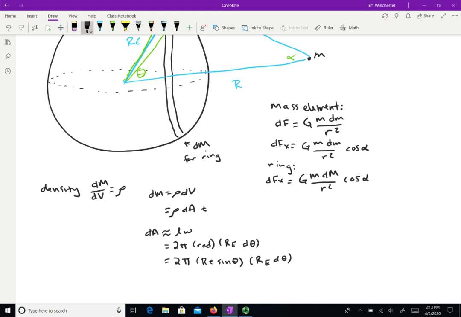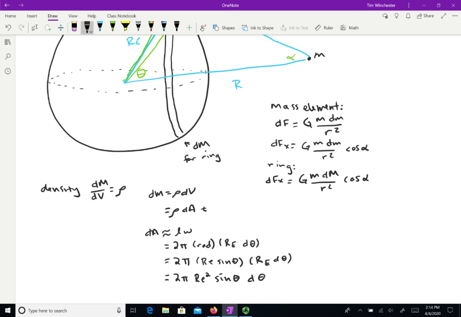If I rearrange this slightly, I have R_E in two places, a 2 pi, and a sine theta d theta. So 2 pi R_E squared sine theta d theta. That is dA for that ring, the area of the ring.